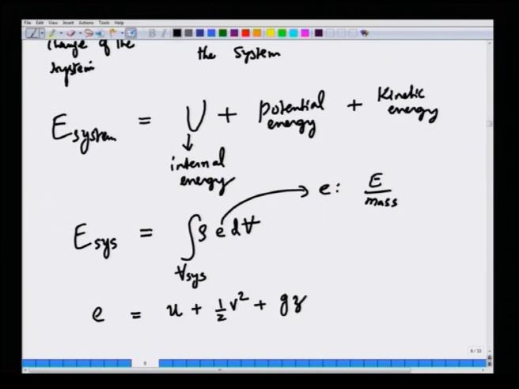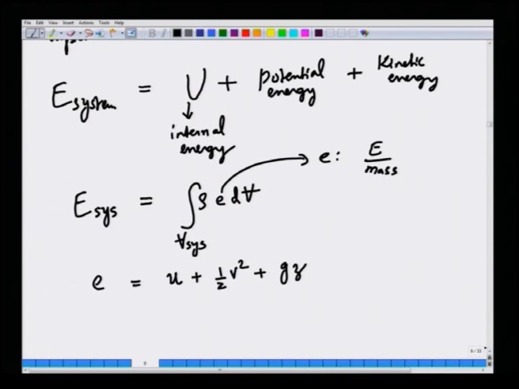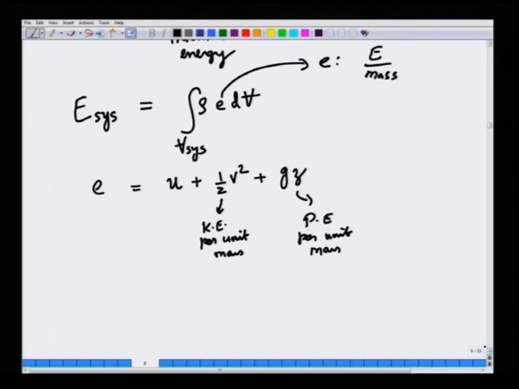The potential energy is m g z, where z is the elevation. So, this is kinetic energy per unit mass, and this is potential energy per unit mass. And v squared is the square of the magnitude of the velocity, given by the vector velocity v dot v.